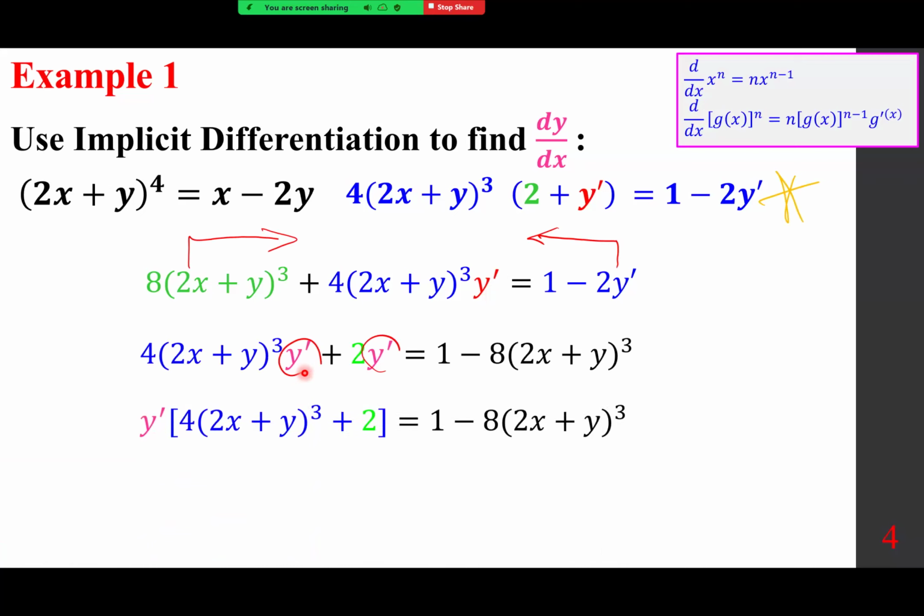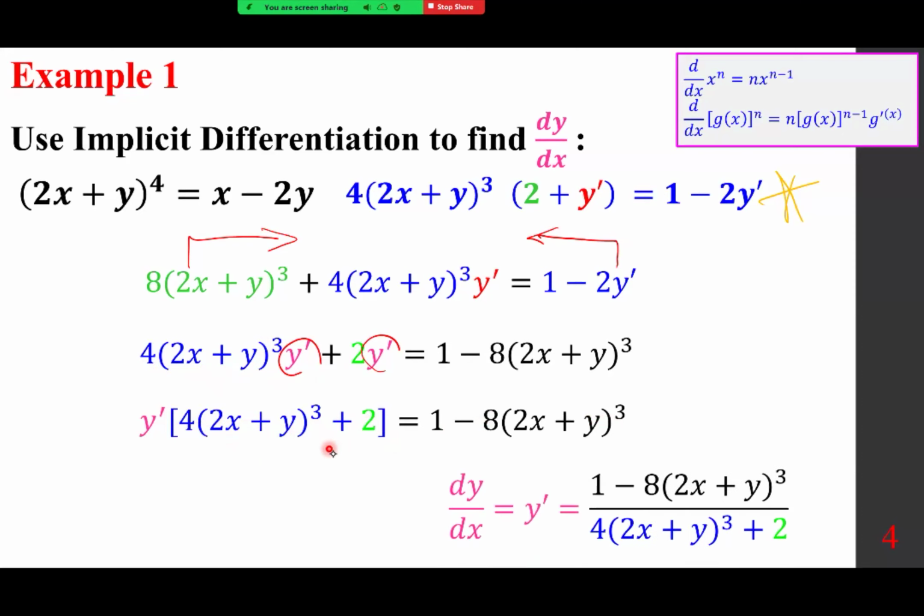So the left side becomes y prime times 4 times the product of 2x plus y quantity cube plus 2. And if you divide both sides by what's inside the brackets, you're done.